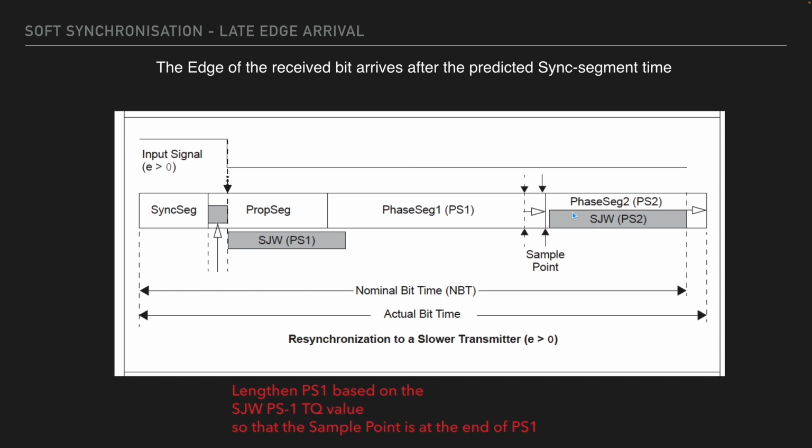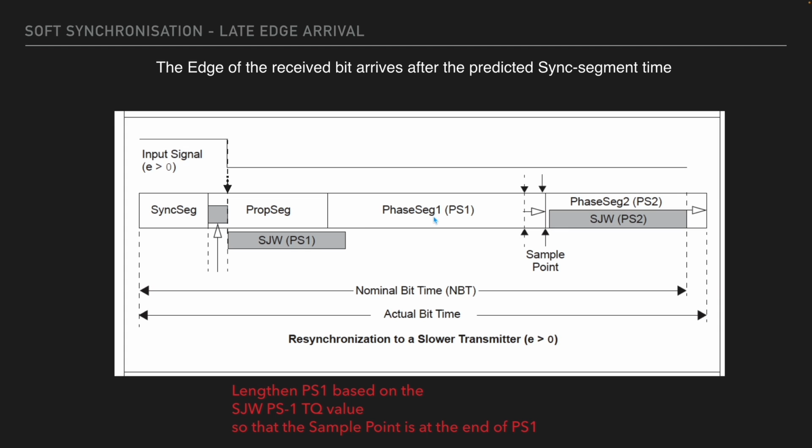And then the last one, we need to look at a signal that is coming in a bit too late. So we have our edge coming in, and it's not within the sync segment where it's supposed to be, but it's halfway down in the propagation segment. Well, in this case, what we're going to do is to delay the phase segment 1.